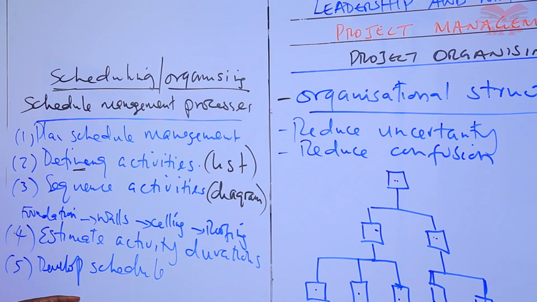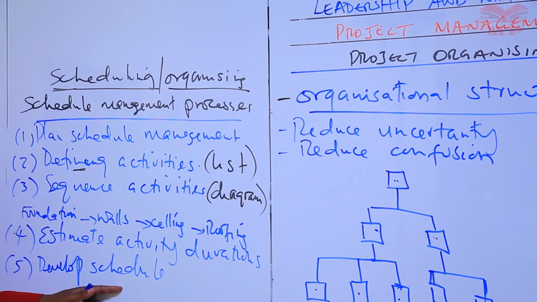The key benefit of developing the schedule is that it generates a schedule model that has planned dates for completing project activities. And the process is not a one-time process, but it is carried out throughout the project.